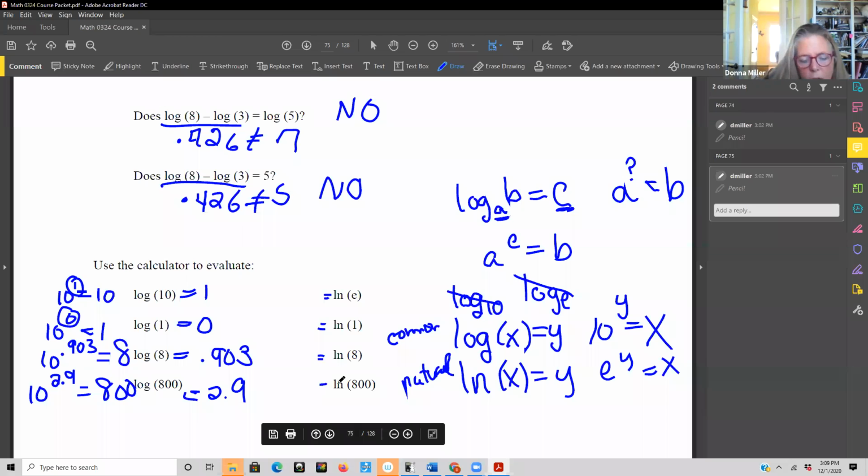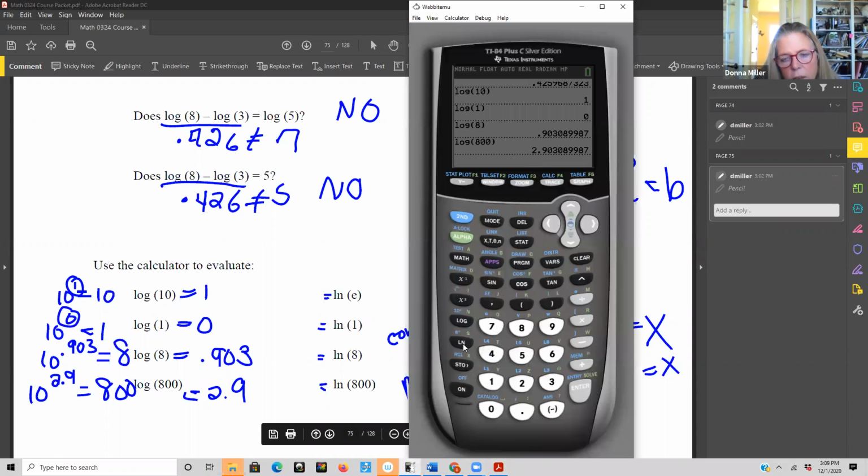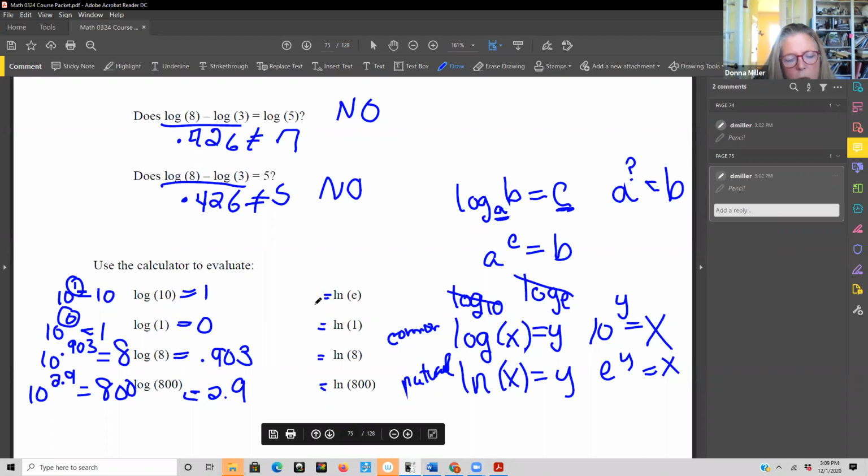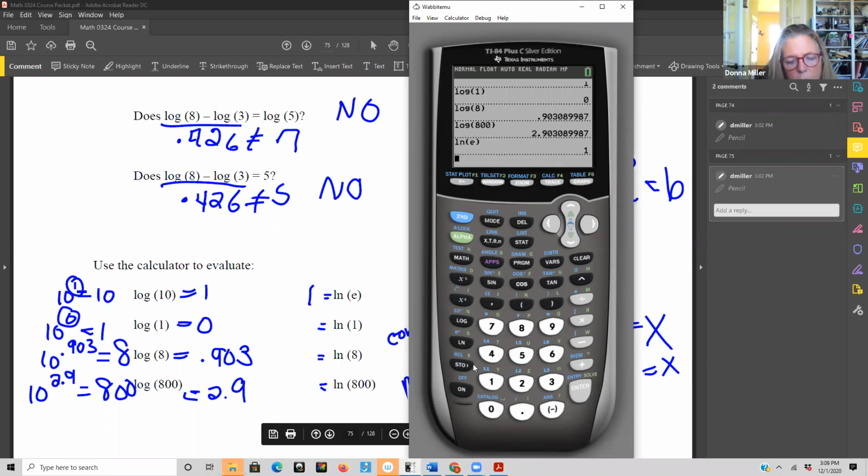I'm going to go over here for these guys. I'm just going to plug it in the calculator with the LN button now. So the ln of E is right here. It's also here. I'm going to use this one. The ln of E is 1 because it's log base E. The ln of 1 is 0.